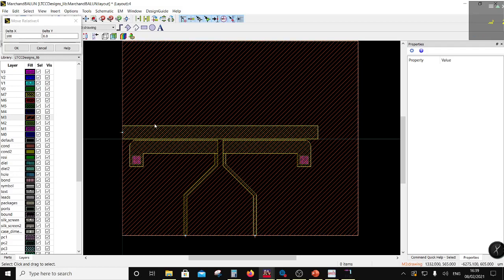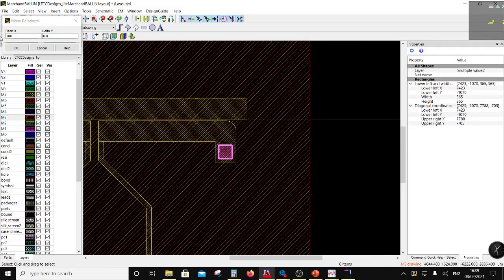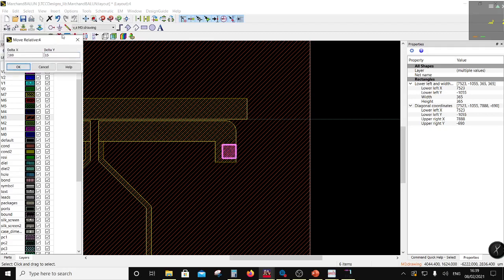So what about the loss of this line? Basically this line has to couple more to match up, right? So I'm going to move this up by, let's say, 15 micron. Okay, wrong way. To move this up by 15 micron, it should be 0.